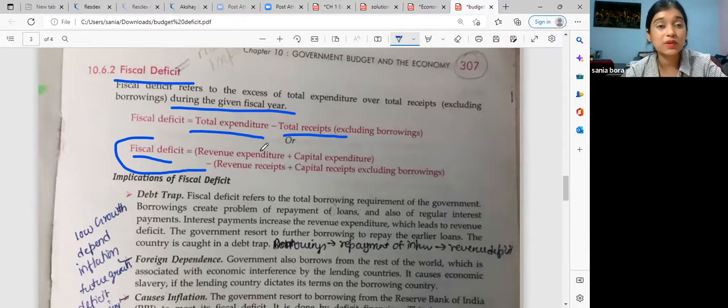They'll give revenue expenditure and capital expenditure separately, so you have to add these two to get total expenditure, and add the receipts to get total receipt. Okay. So first, write the definition. I'm repeating: the difference between total expenditure and total receipt, excluding borrowing, during the given fiscal year is known as fiscal deficit.